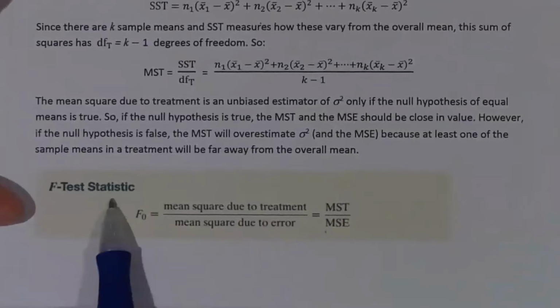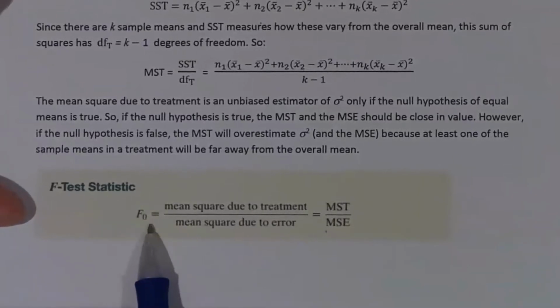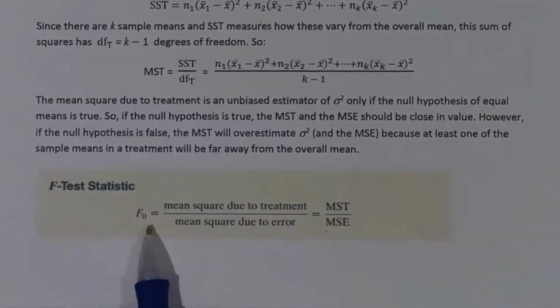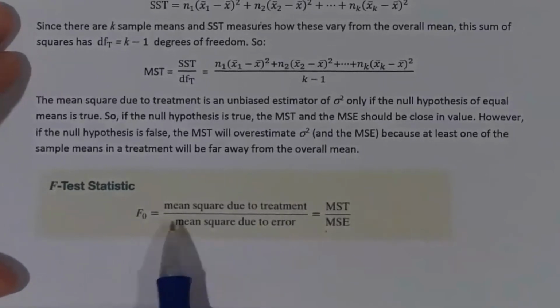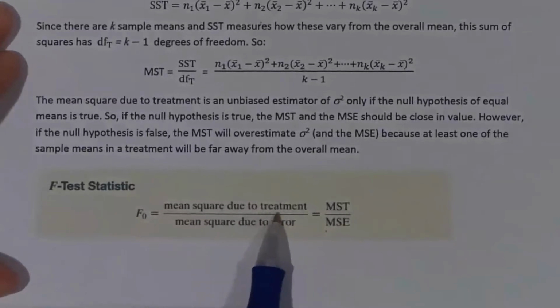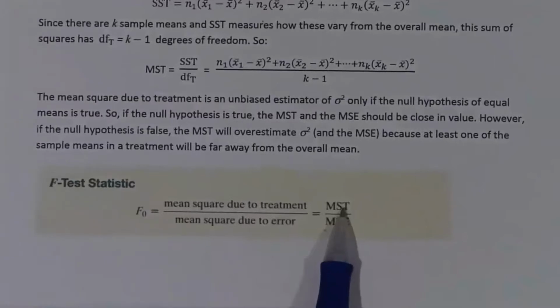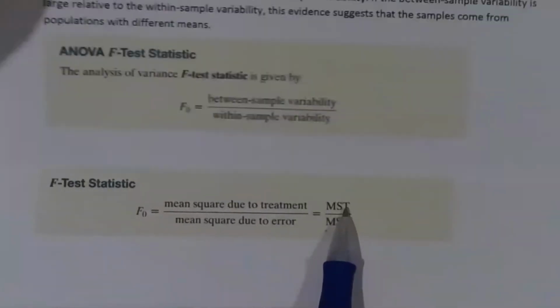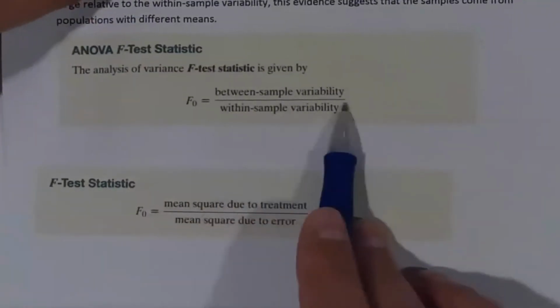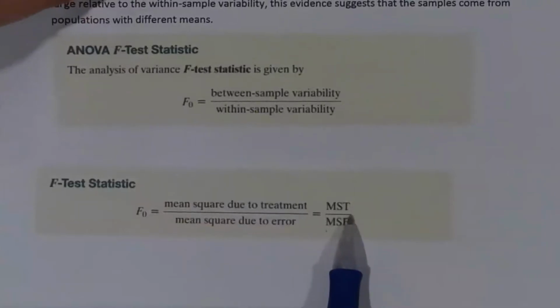So again, the F-test statistic, we've already said that F0 is equal to the between sample variability and the within sample variability. Well, the calculation for the between sample variability is going to be the mean square due to treatment. So the MST is this between sample variability. That's what the MST is measuring.